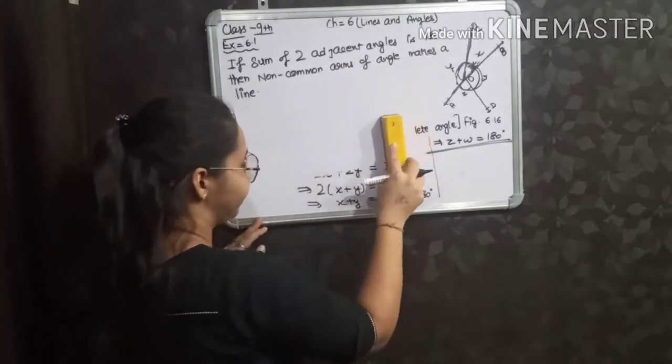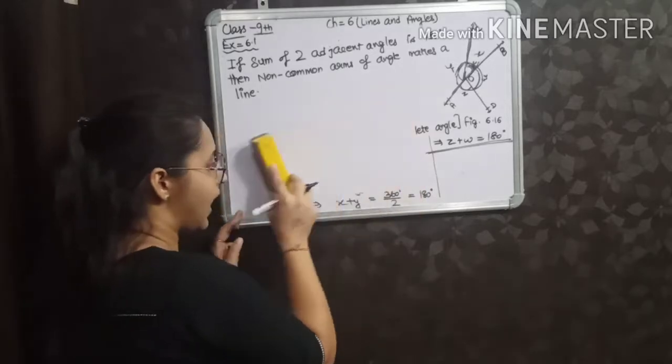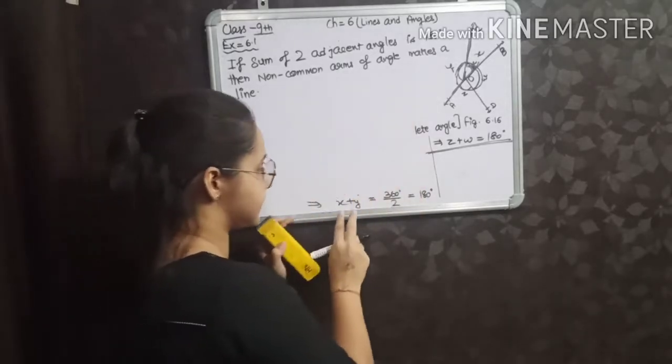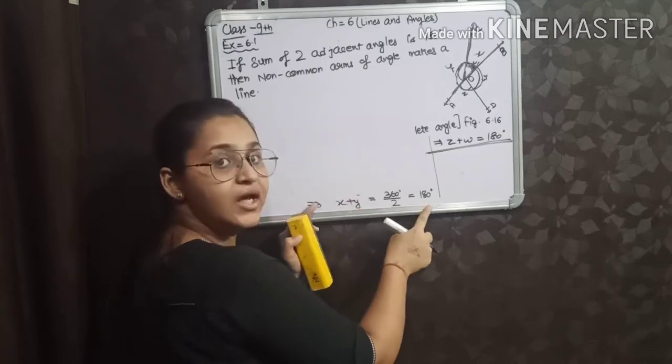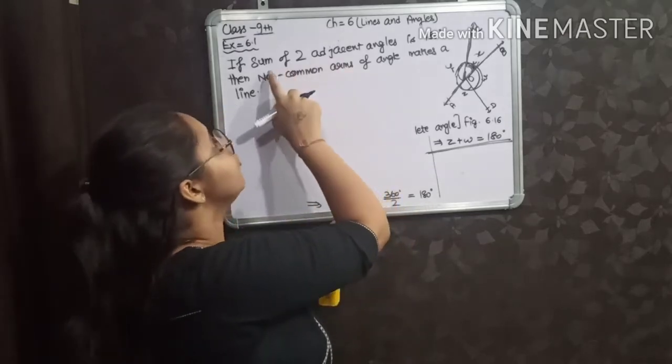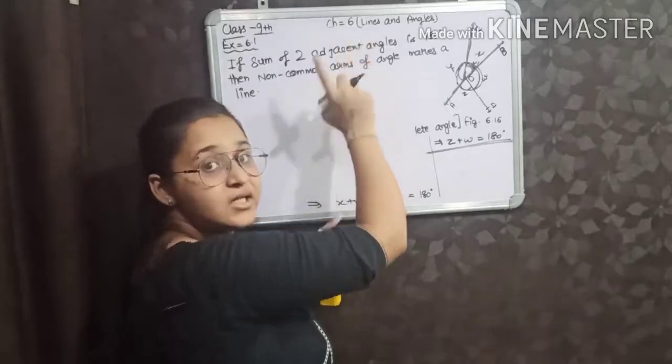Now see, are x and y adjacent angles? Because we have the sum of x and y as 180 degrees. Now we have to check whether these are adjacent angles or not.